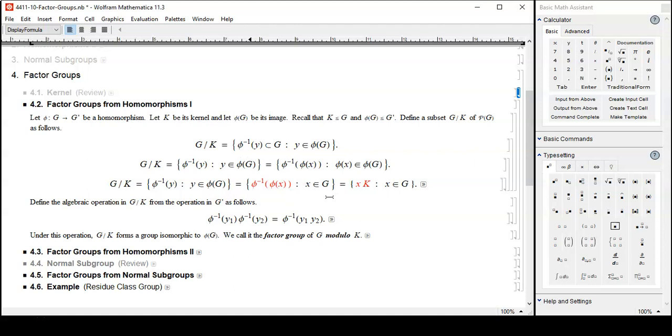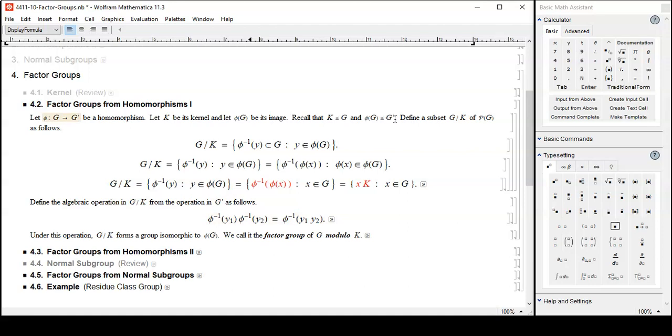Now let us define an algebraic operation in this set, G over K, and we're going to define it like this. An arbitrary element here is of this form, the preimage of some y, and another preimage of some other y, so y1 and y2, and we define the product as the preimage of y1 times y2. Now this operation, y1 times y2, is a group operation in G prime.